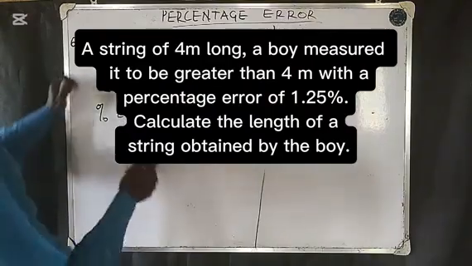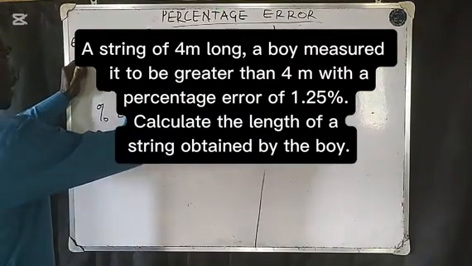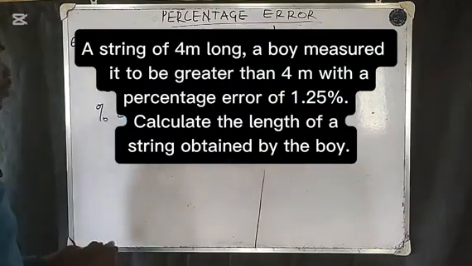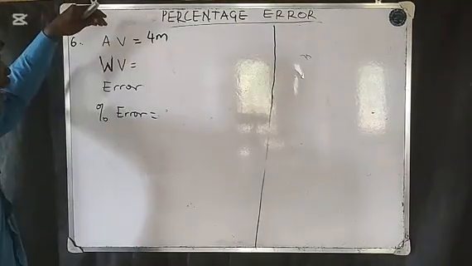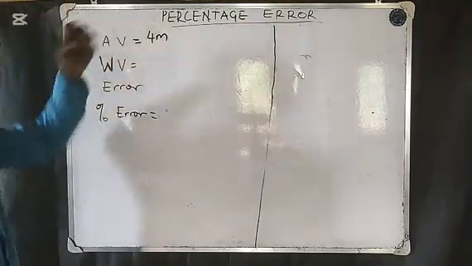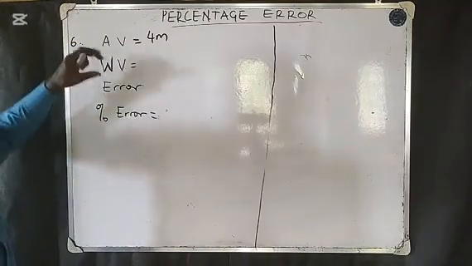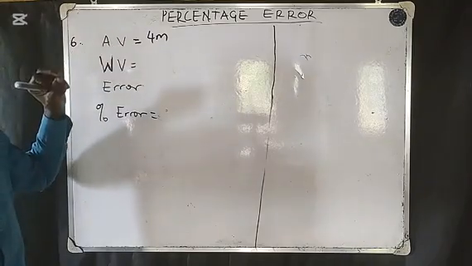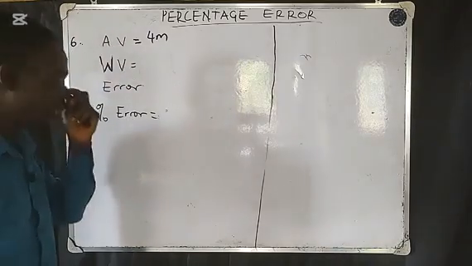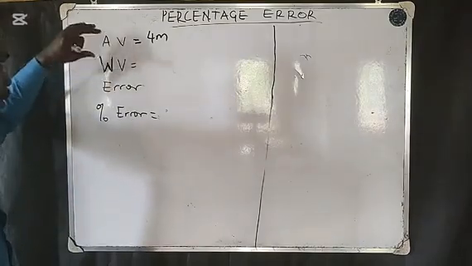A string of 4 meter long. That would be the actual 4 meter long. A boy measured it to be greater. The length is 4 meter, right? And you now measure this one to be 4 meter greater. Okay, let the error remain the error.